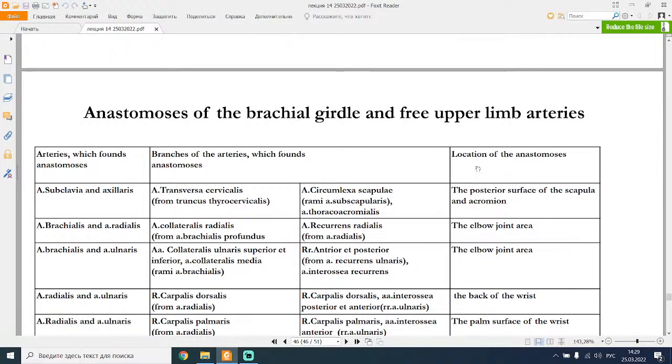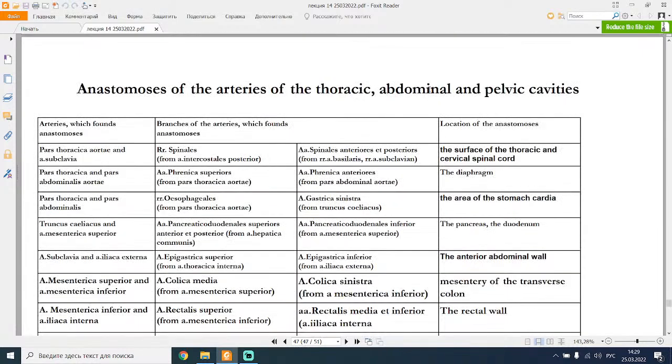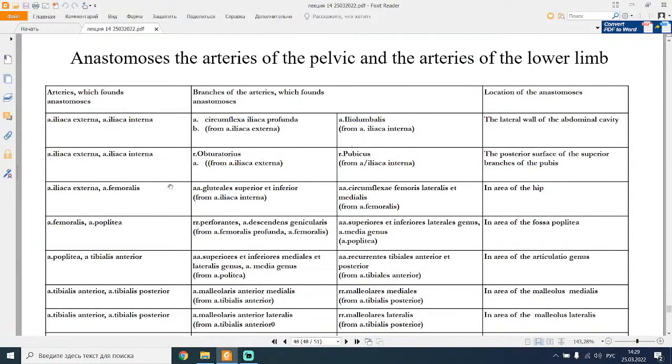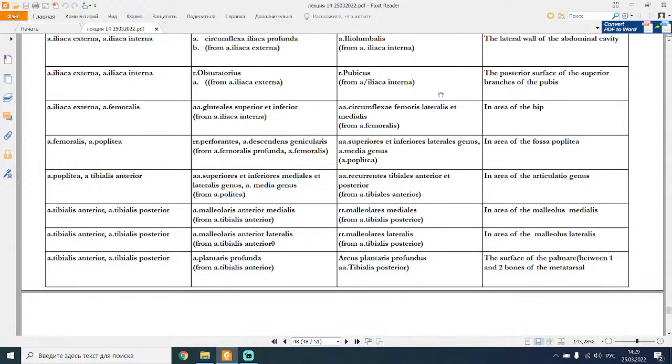Next table, anastomoses of the brachial girdle and upper limb arteries. And next, anastomoses of the arteries of the thoracic, abdominal and pelvic cavities. Next table, anastomoses of the arteries of the pelvis and arteries of the lower limb.